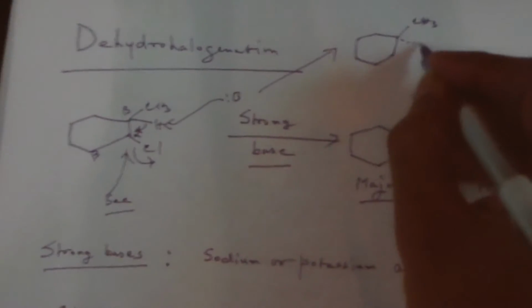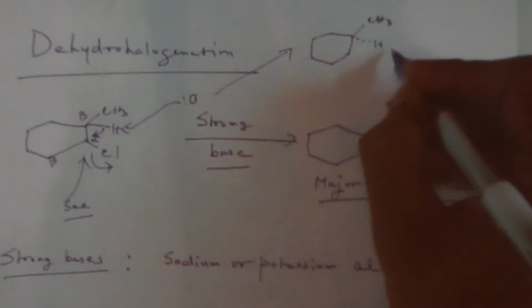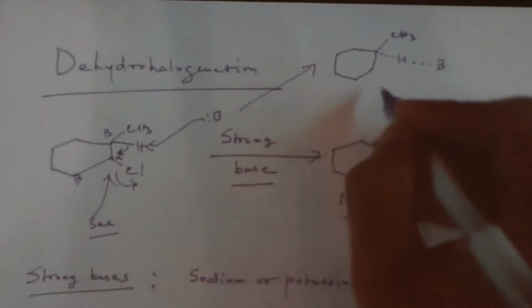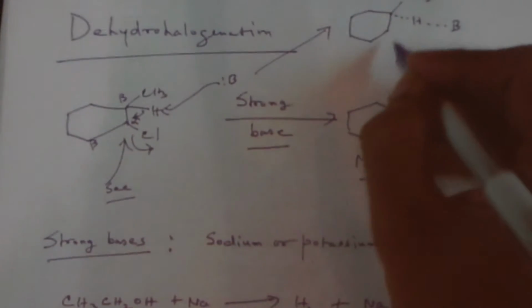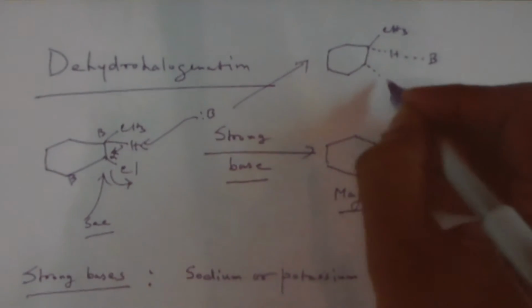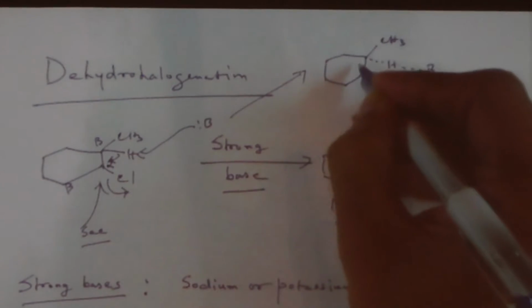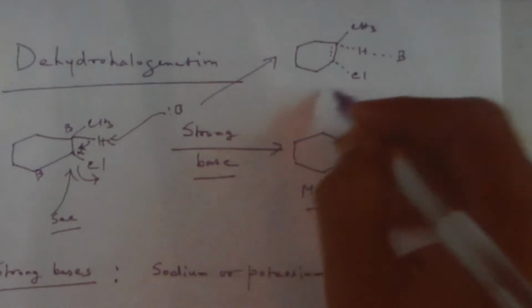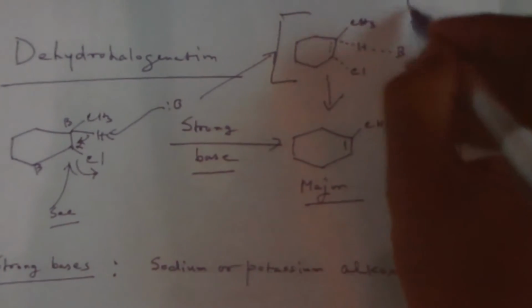So again, dotted lines: the bond is partially broken with hydrogen. It attaches with the base. This is also partially formed. And the chlorine bond is partially broken. And a new bond is formed partially here, which ultimately gives rise to this product.